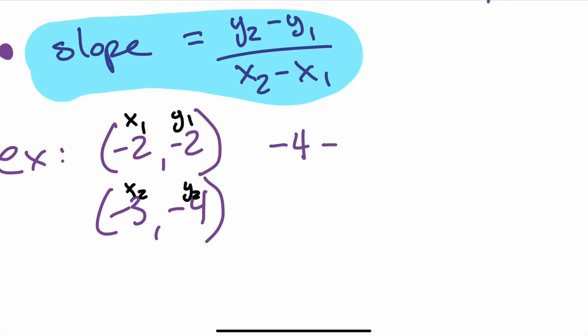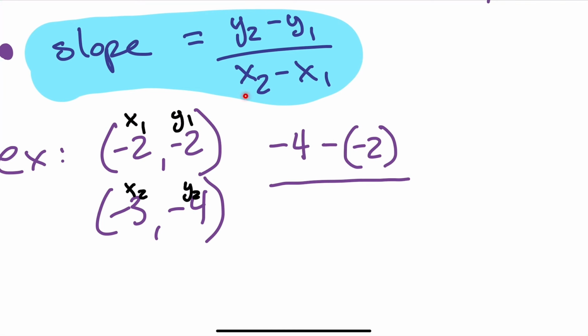And then we have y1. y1 is -2, so I'm going to put in a -2 over here. Now I'm going to put this -2 in parentheses just so I don't confuse myself, because it could be fairly complicated. I'm putting in those parentheses to show that I have 2 separate negative signs here. I have one here that goes with this problem, and then one here that goes with this number. So that's 2 different negative signs. All right, let's keep going.